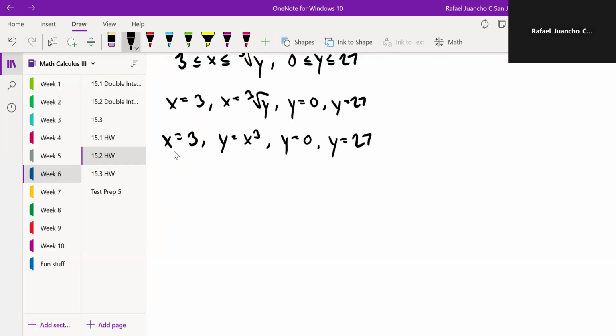Then from there, now I need to find fixed bounds for my x. When x is 3, this is, or actually I need to plug in the zeros here. When y is 0, x is 0. When y is 27, x is 3.